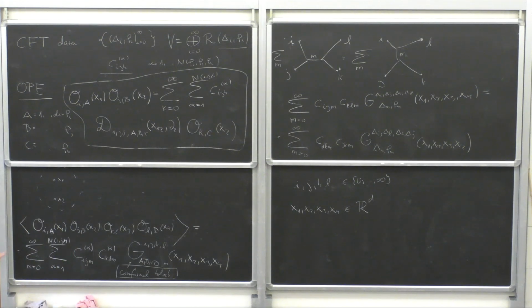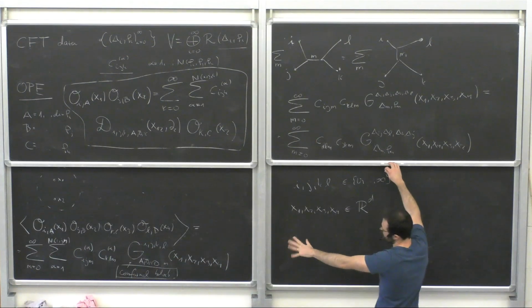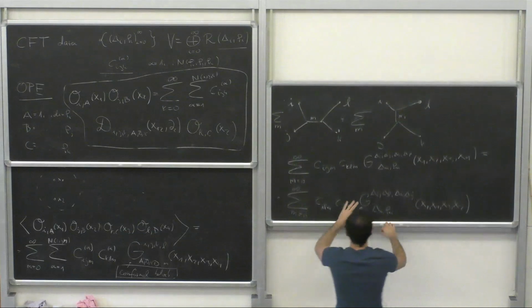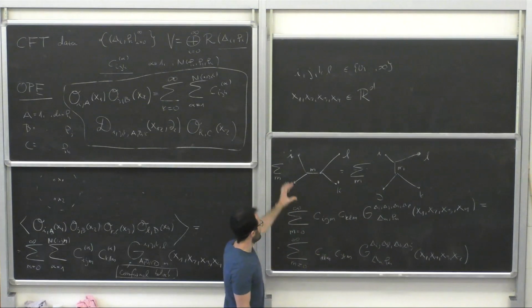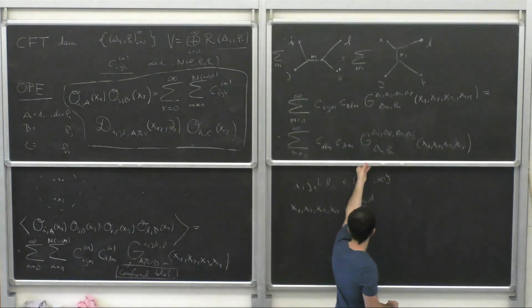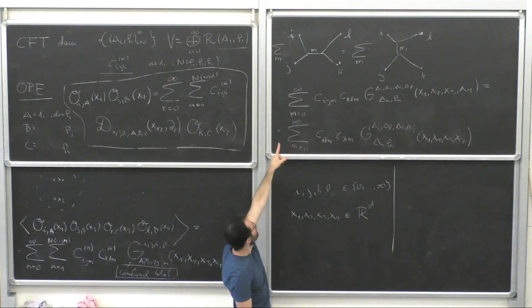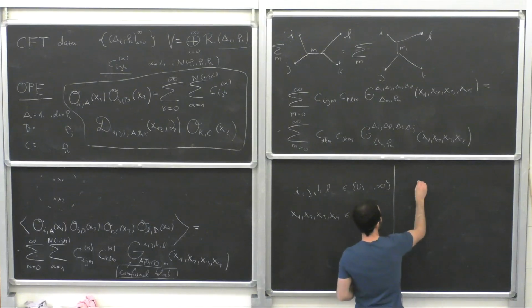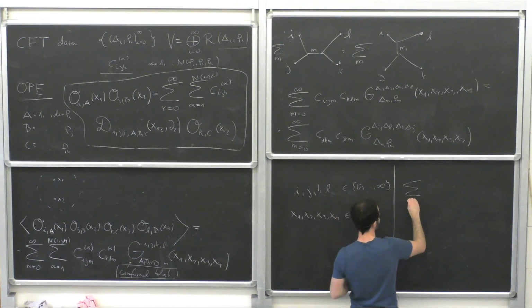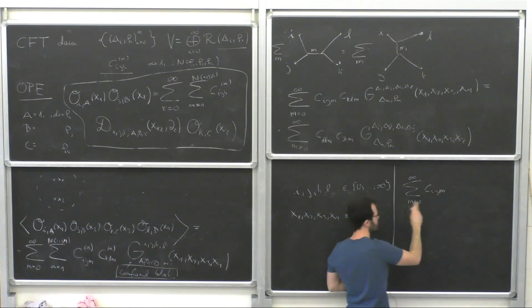Well, yeah, so let me just do it here. Because with spins there are various extra complications. So if you think of it in this way, let's just look at the left-hand side of that equation. You could use the OPE on 1 and 2, so then you would have C_IJM from the 1, 2 OPE.